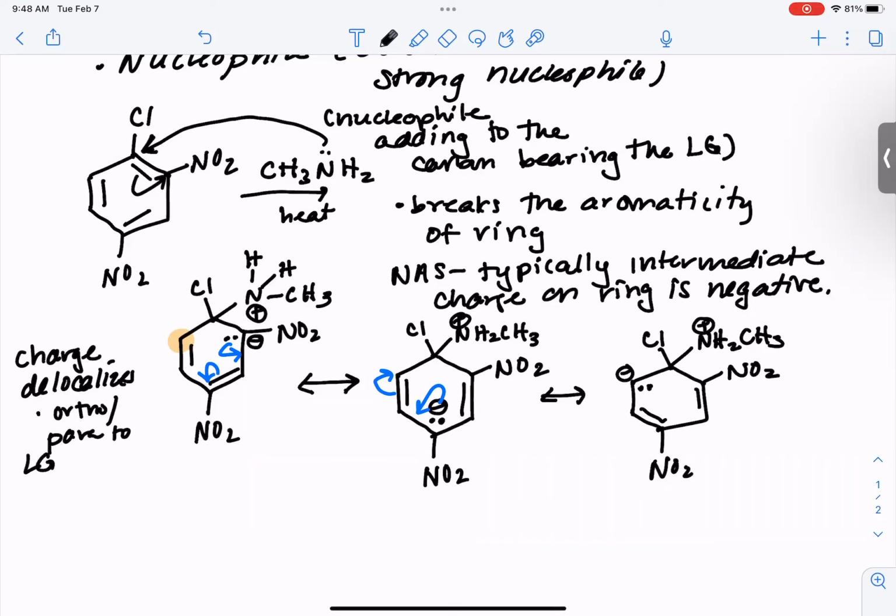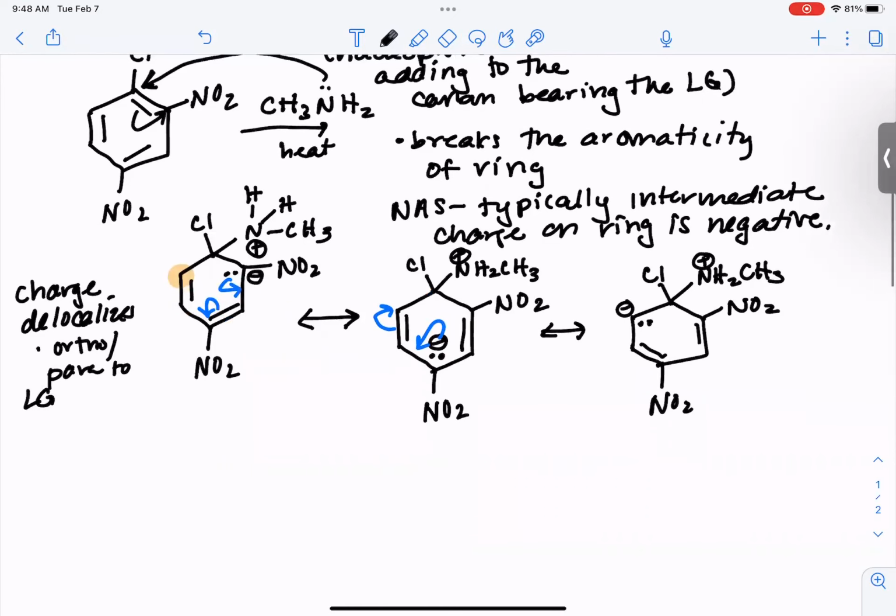Because we now have these electron withdrawing groups in the ortho and the para position, we have extra resonance structures. The nitro group, this NO2 group, looks like this, where there's a positive charge on that nitrogen and a negative charge on that oxygen.